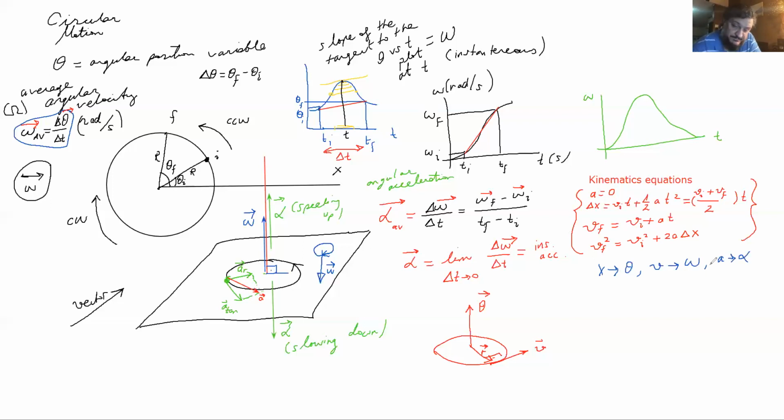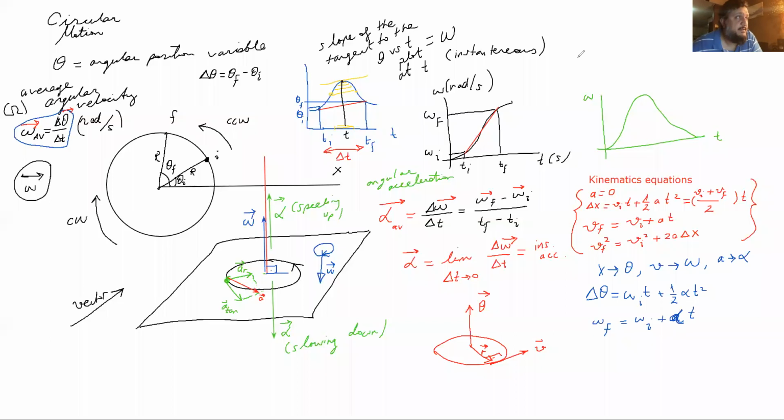All right, so delta theta will be omega initial times t plus 1/2 alpha t squared. Omega final will be omega initial plus alpha t, not a, but alpha t.